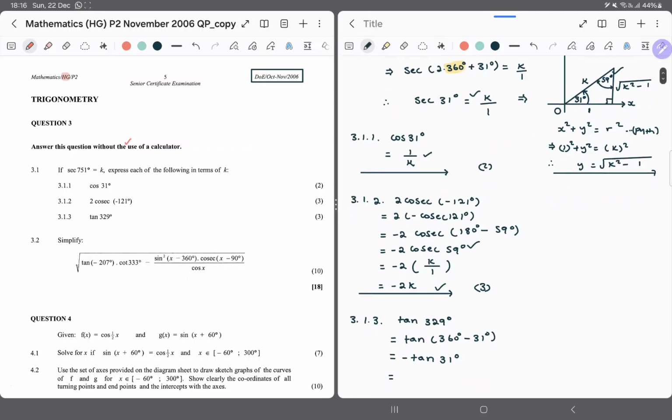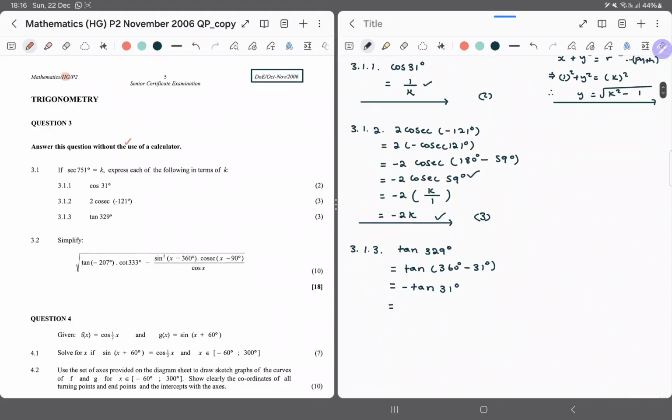So let's see. What are we going to get? Tan of 31 is going to be opposite over adjacent. So this is minus the square root of k squared minus 1, all divided by the adjacent, which is 1. This is effectively minus the square root of k squared minus 1. That is it.